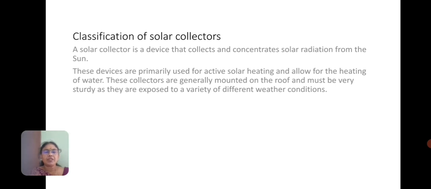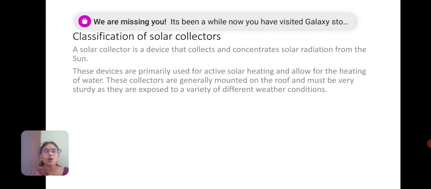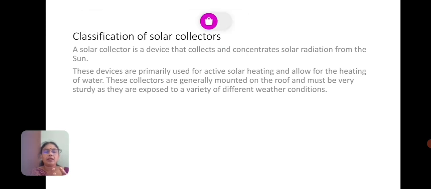The simplest of these devices use a black material surrounding the pipe that water flows through. As I already told you, a dark color absorbs more heat. The black material absorbs the solar radiation very well, and as the material heats up, the water it surrounds is also heated up fast.